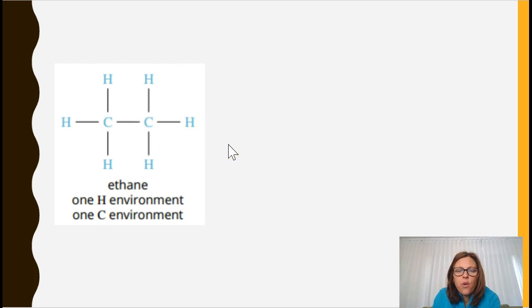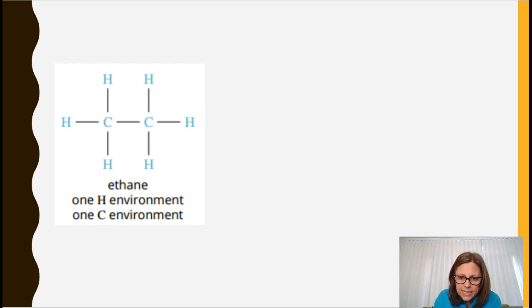So each CH3 group here is identical, and because it is identical, it will only produce a single signal. Another thing we can look at here is mirror plane symmetry. If we look down that bond, what is on this side is the same as on this side, and therefore we're also looking at that single peak on the spectrum.